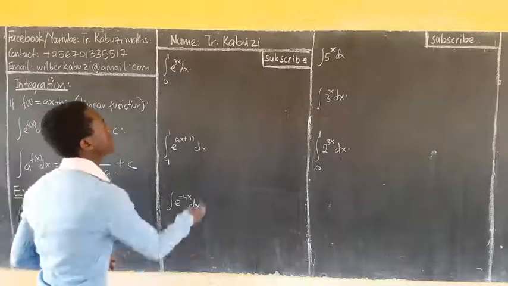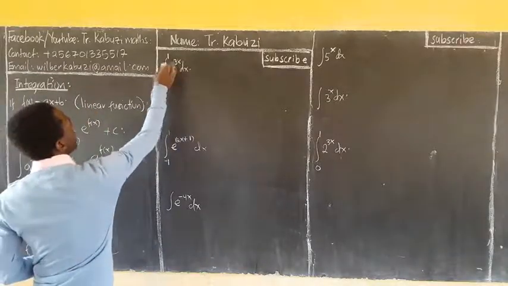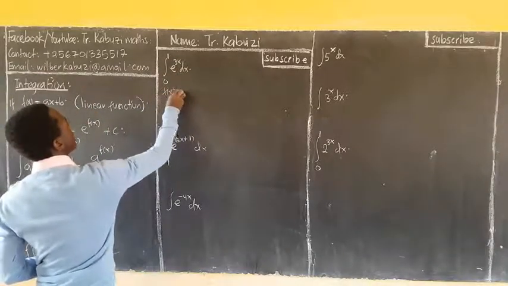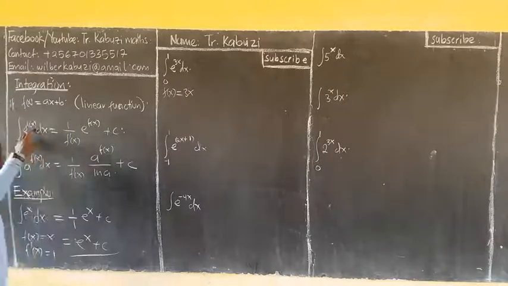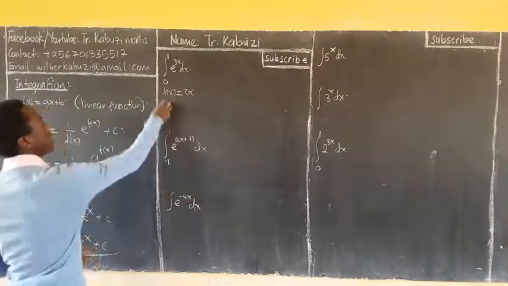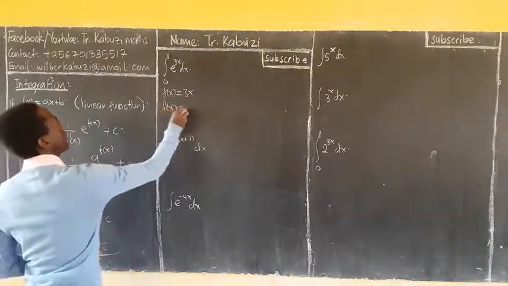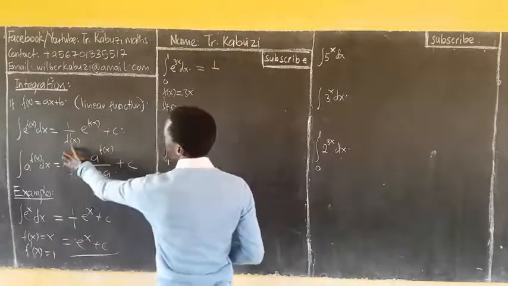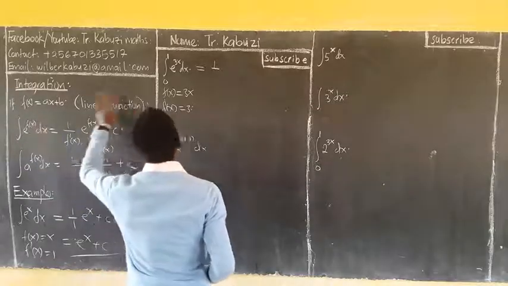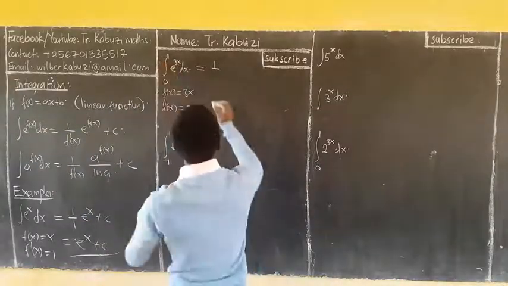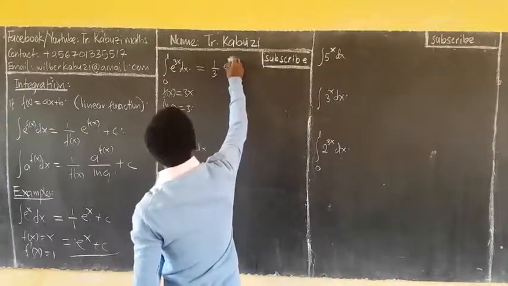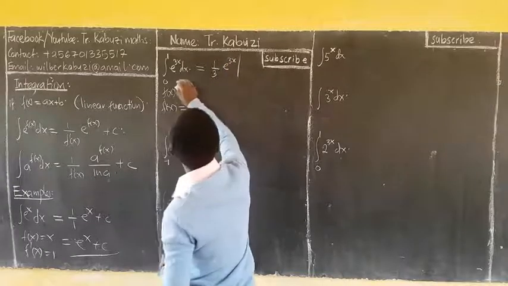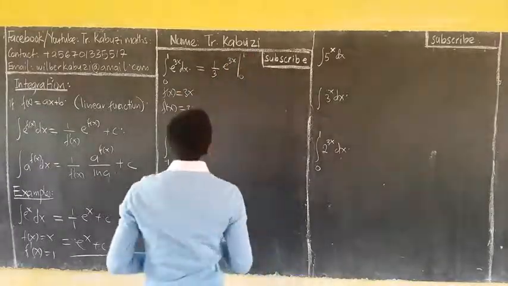When we come to this, we have a definite integral, but our f of x is 3x. When I differentiate this, I get 3. So this would be 1 over the derivative of this function, which is 1 over 3, exponent 3x from 0 to 1.